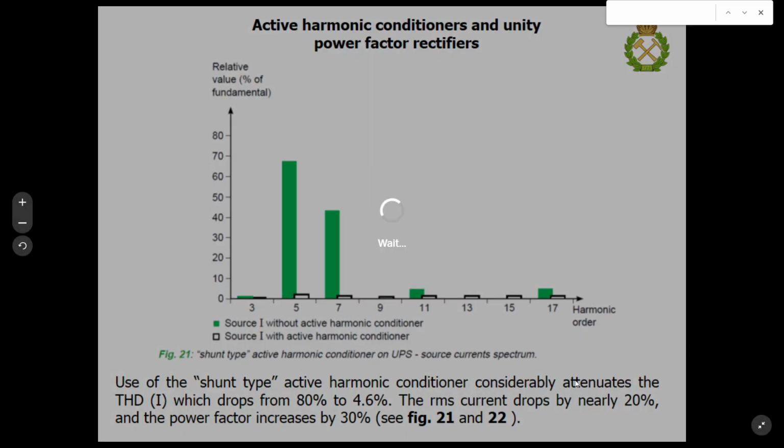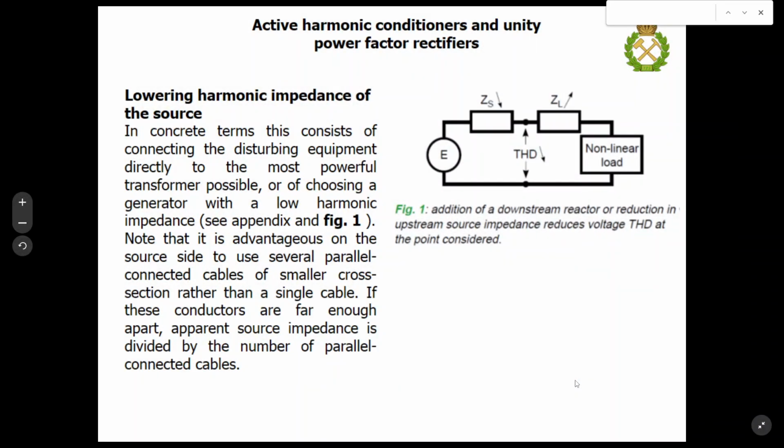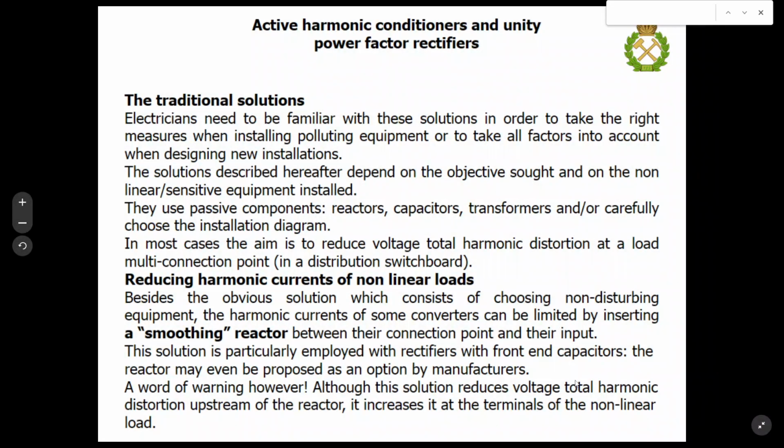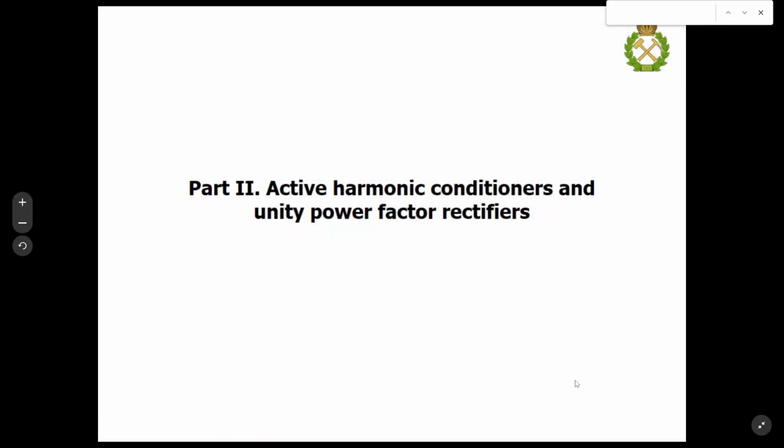Now let's consider another technical device intended to eliminate harmonics. The traditional solution includes passive filters, for example, resonance shunt filters and damped filters.